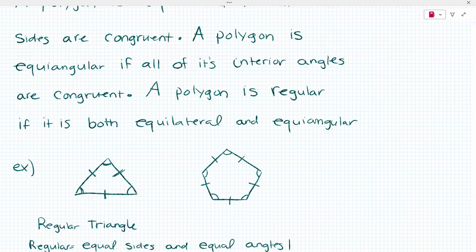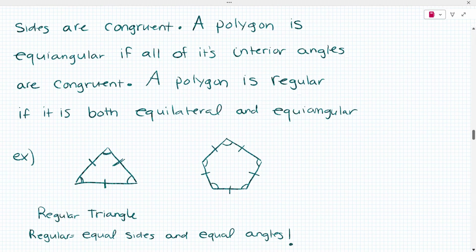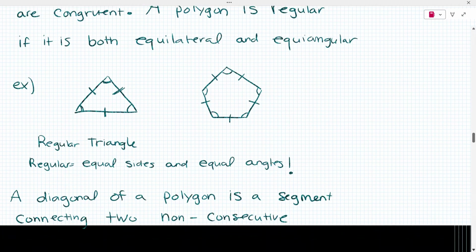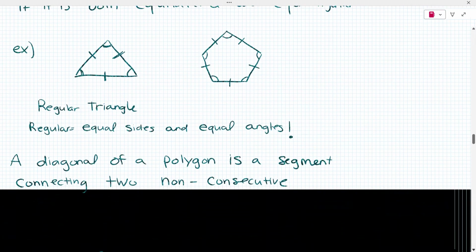I think this is a pentagon. 1, 2, 3, 4. Yeah, pentagon. See how if you look at the interior angles, they all have one tick mark, right? That means all the sides are the same. So a regular polygon means equal sides and equal angles.